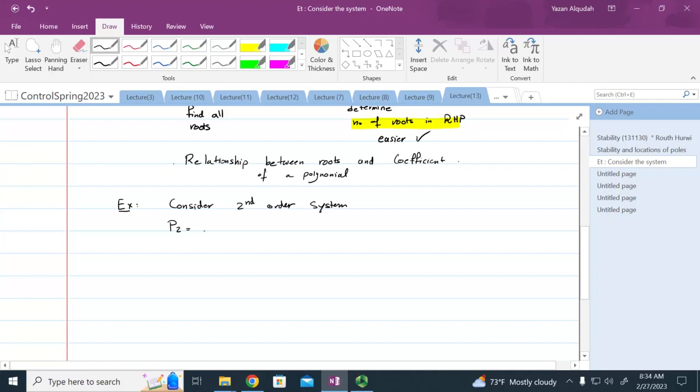And let's say this polynomial has two poles that are P1 and P2, which we can write as s squared minus (P1 plus P2) multiplied by s plus P1 multiplied by P2. And this polynomial is s squared plus a1 multiplied by s plus a0.